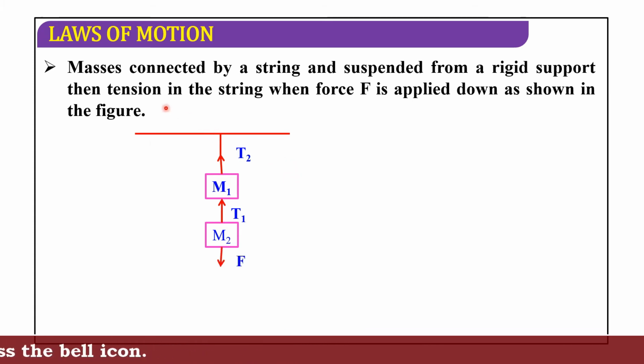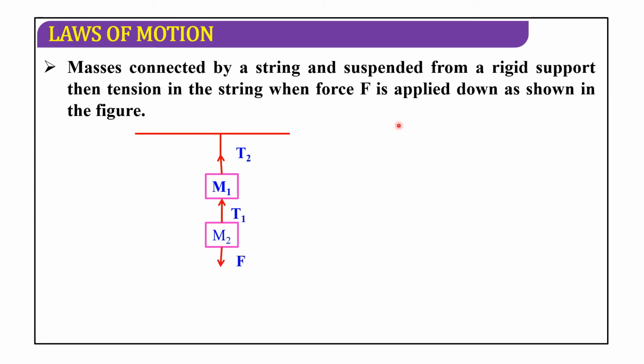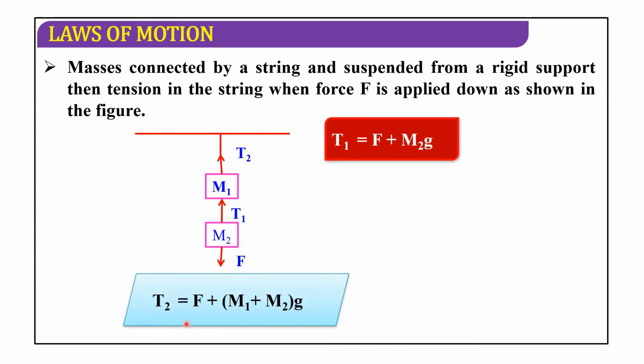Now we are applying the force F downwards. Then T1, the tension in the string, is equal to F plus M2 G. T2 is equal to F plus (M1 plus M2) of G.